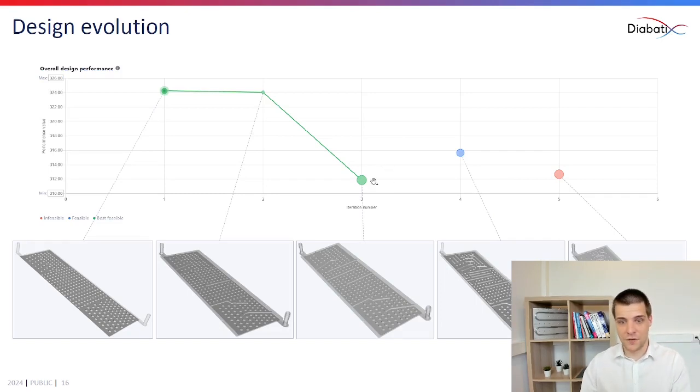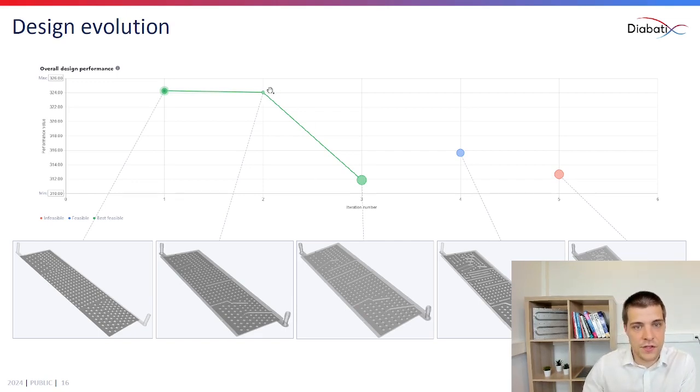And then we can move on to, of course, the detailed design evolution, where when the case is running, ColdStream will output intermediate data points. The first iteration is, of course, our initial design. ColdStream needs to start from something. Then throughout the design phase, you can see that ColdStream added additional structures to increase the flow path length.